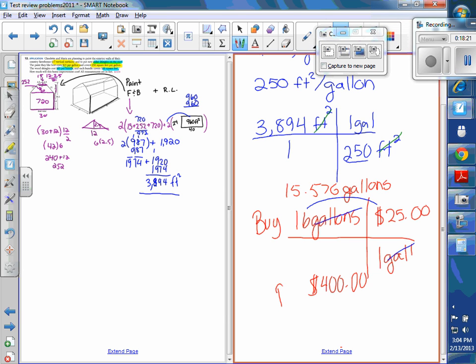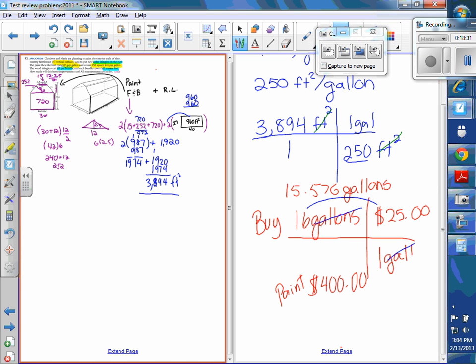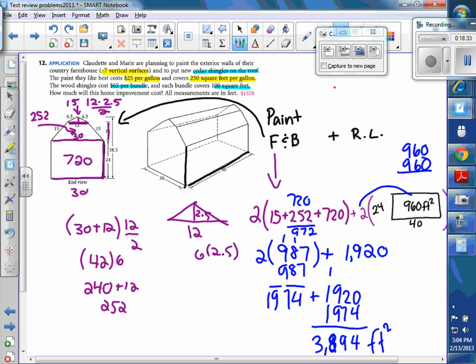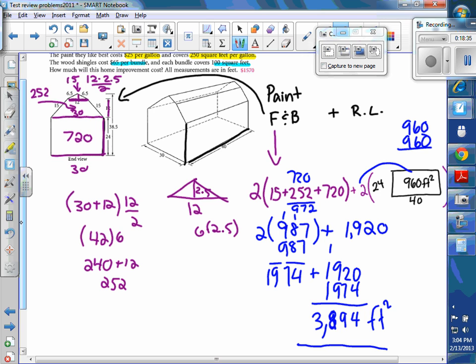That's your paint. And then the roof. The roof is 4 rectangles, right? That's much easier. So when we go back to this page and we look at the roof, what did you get for your roof pieces?